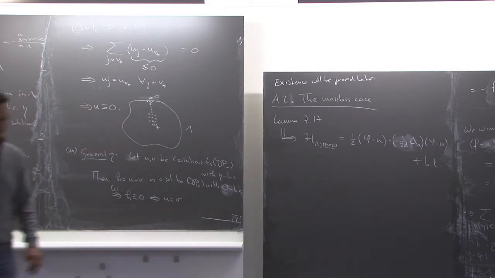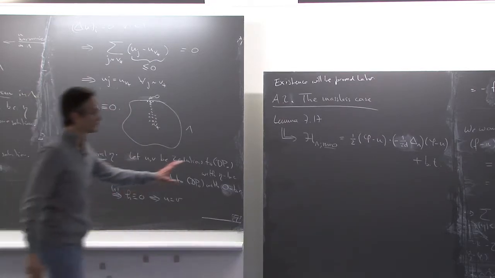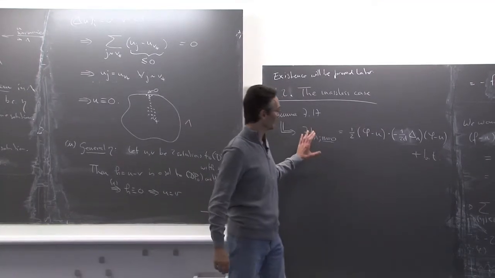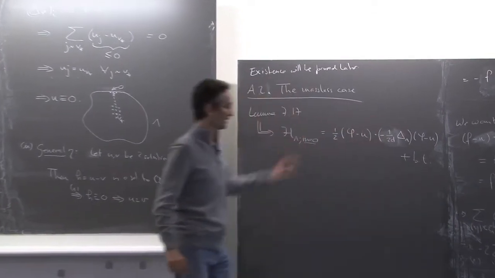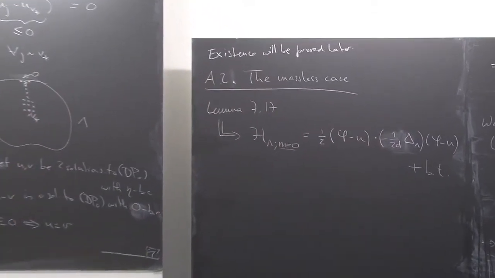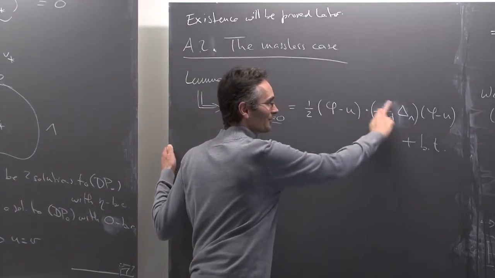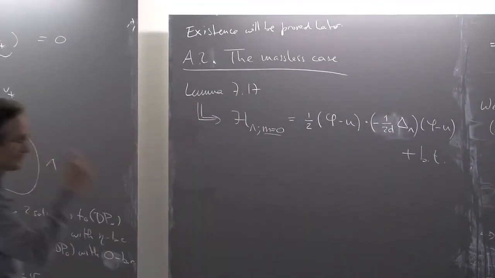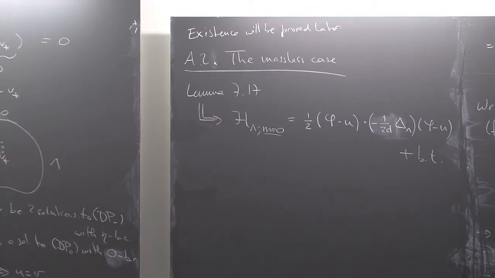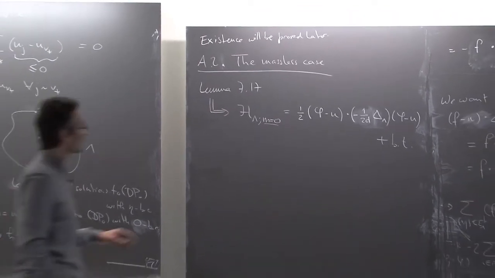We just showed that the Hamiltonian, when the mass term is not there, can be written in this way. It will be very convenient for us to have this 1 over 2d here. That's why I put this strange normalization.